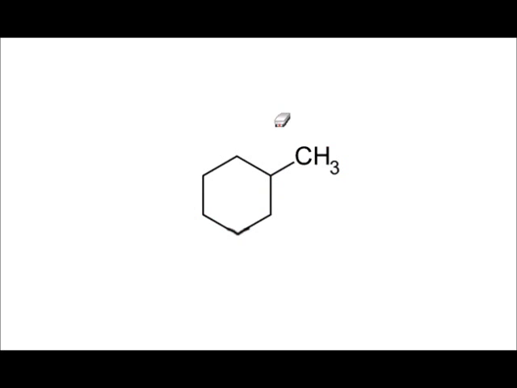In this next example, here you can see that we've got 1, 2, 3, 4, 5, 6 carbons in the ring. However, now you can see that we've got a branch as well. Now, if you've got a branch, always start numbering from the carbon where the branch is. So we've got 1, 2, 3, 4, 5, 6 carbons in the longest chain.